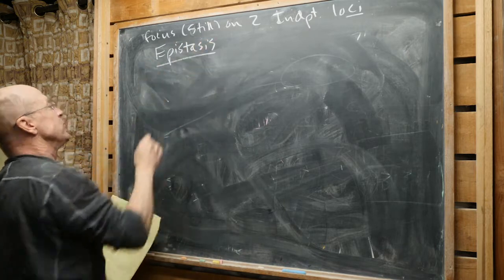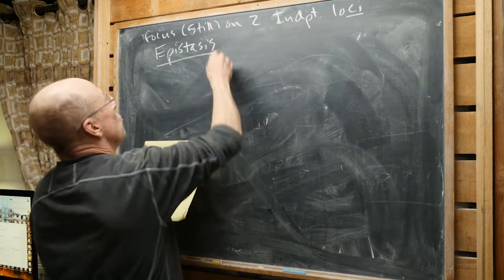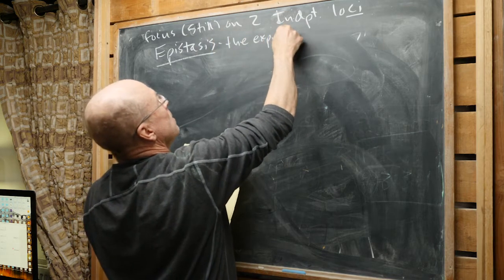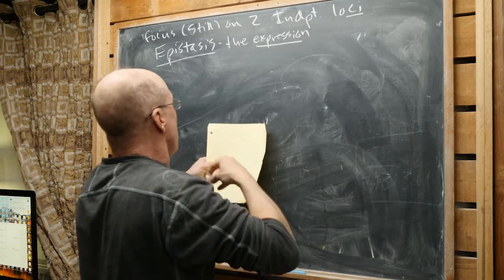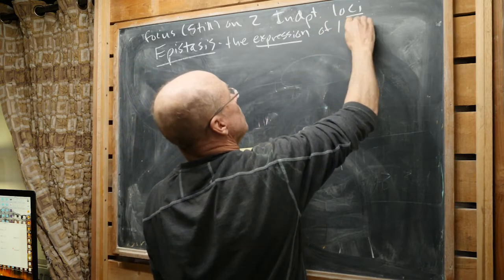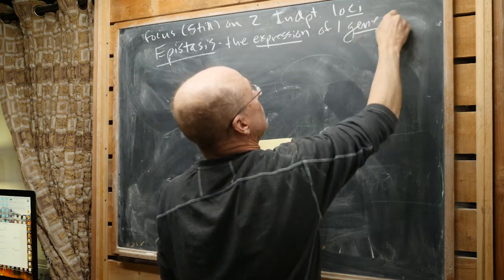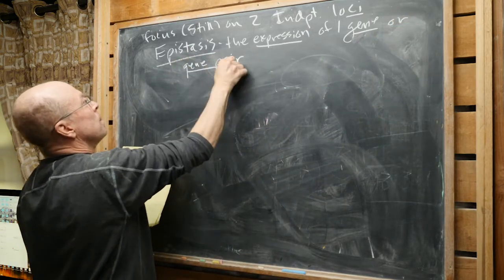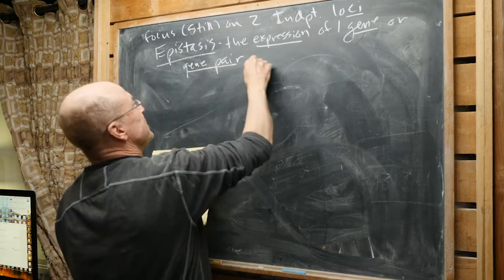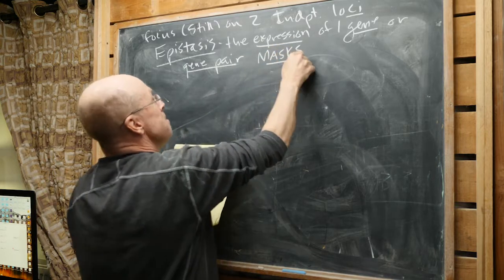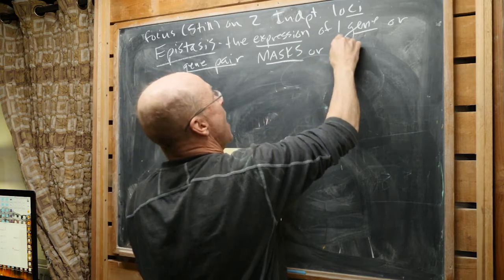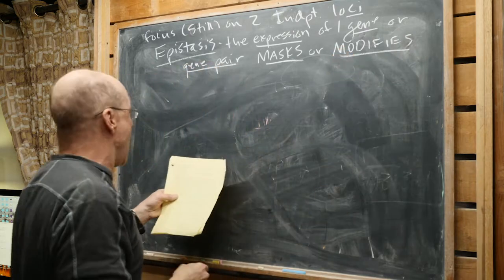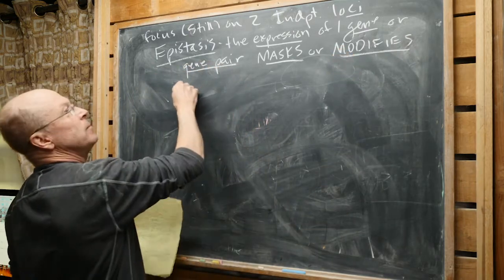Very, very cool stuff. Epistasis is defined as the expression of one gene or gene pair masks or modifies the expression of another gene or gene pair.